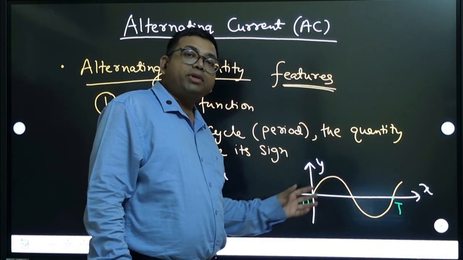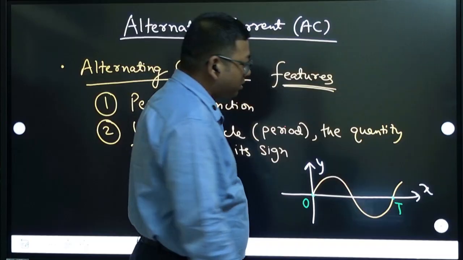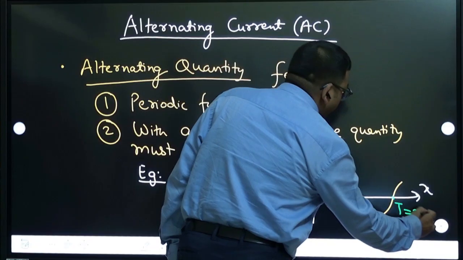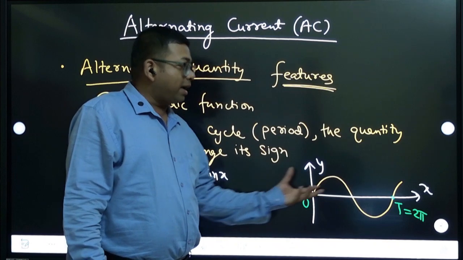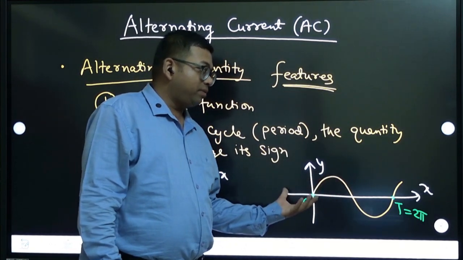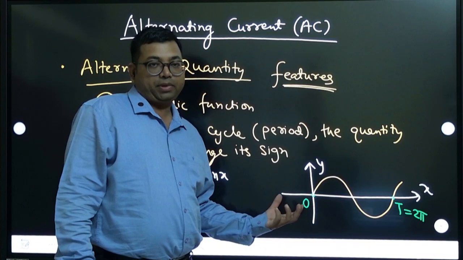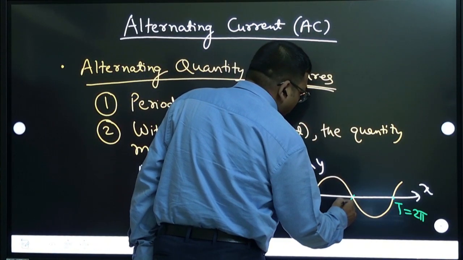For one complete cycle, the time taken is the time period T. This time period is 2 pi, right? For one cycle, the value of x is 2 pi. That x is called one time period. Now this will be half of that, T by 2.